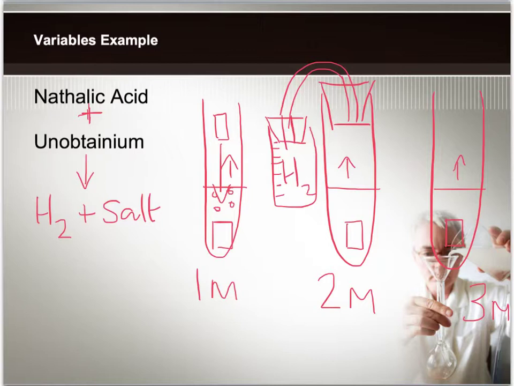This then gives us enough information to be able to look at the amount of hydrogen produced, which is relative to the rate of the reaction, relative to the amount of naphthalic acid, or the concentration of the naphthalic acid. Because you remember we're starting out with a 1 molar, 2 molar and 3 molar solution.